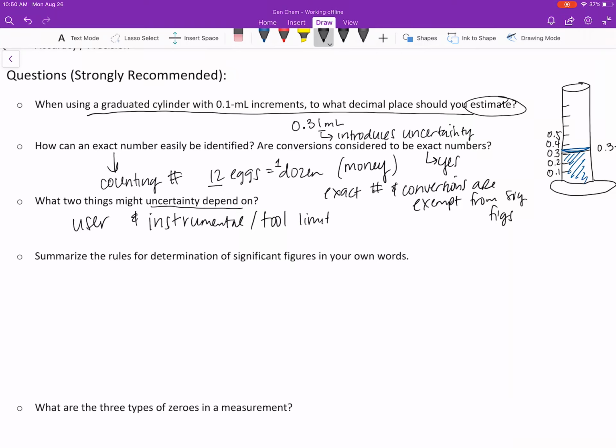So maybe you don't have a graduated cylinder that has decimal places, to the 0.1. Maybe it only reads every 5 milliliters. Well, your ability to know the exact volume when you only have 5 mL increments is less than if you had finer, more accurate 0.1 increments on a cylinder.